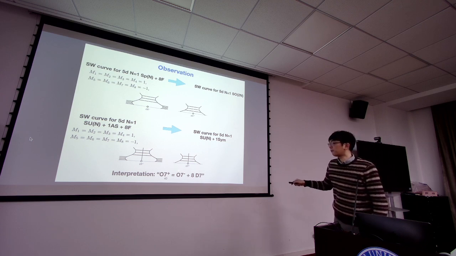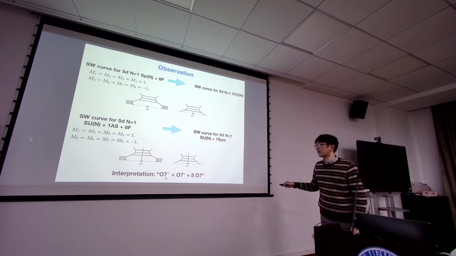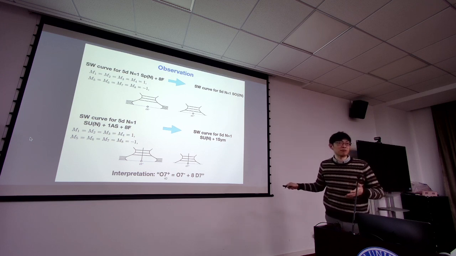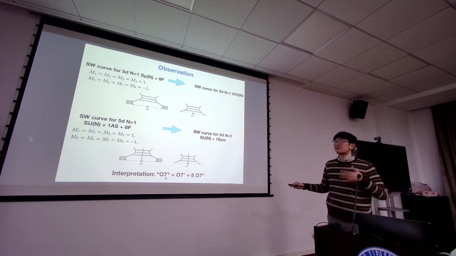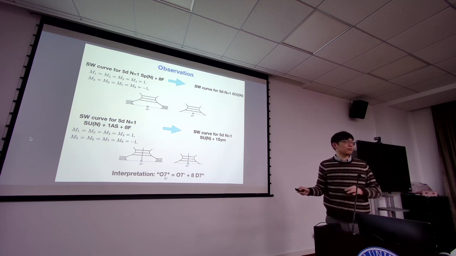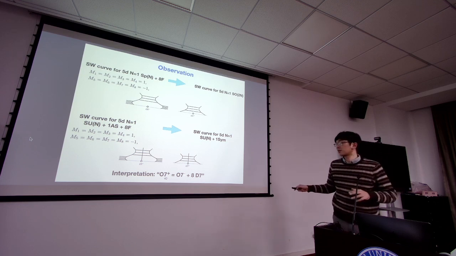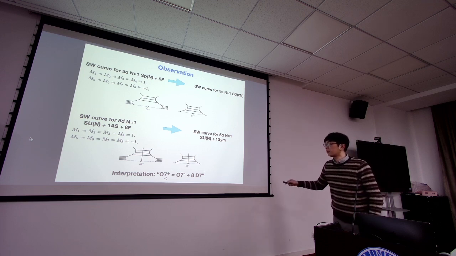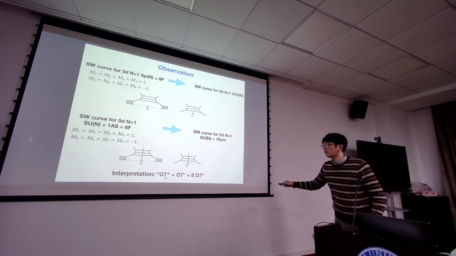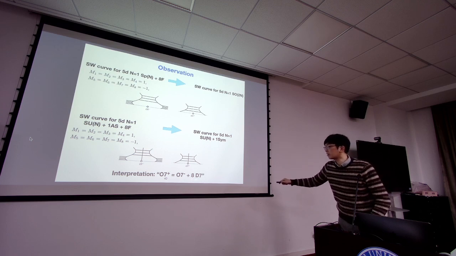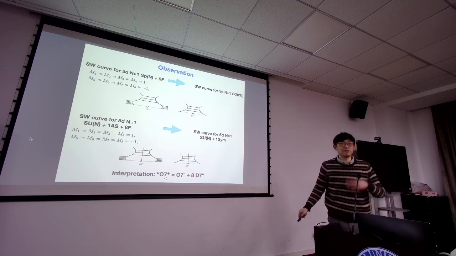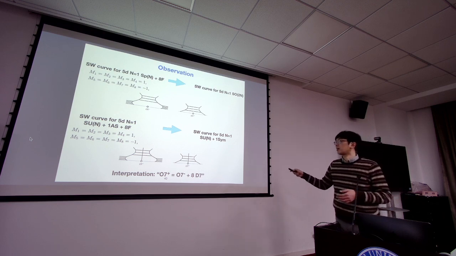Although, by the way, I'm not really saying that O7+ consists of O7- plus 8 D7. If I say that, it's probably a wrong statement. But at least at the level of the Seiberg-Witten curve, and also at the level of the index or partition function, this relation holds, and we can compute such an object constructed from this by decomposing in this way, and tuning the location of this O7- to be identical to the position of this O7-, and then we obtain the remaining curve.